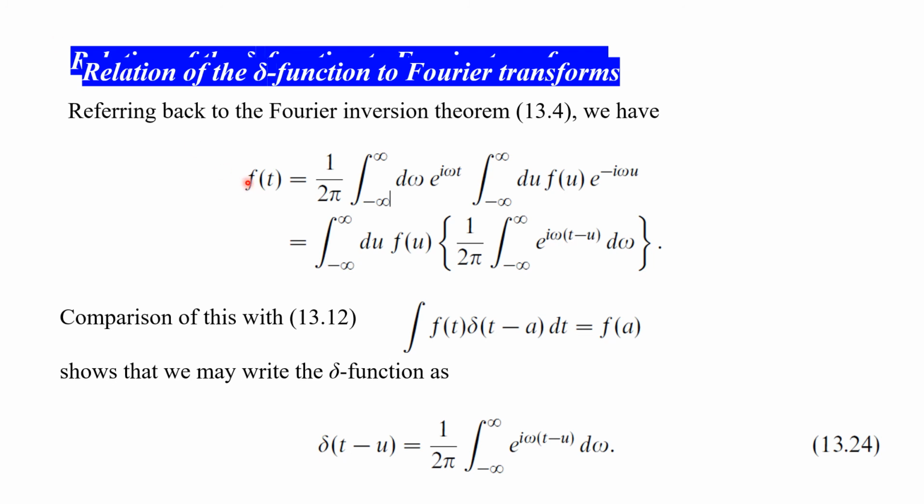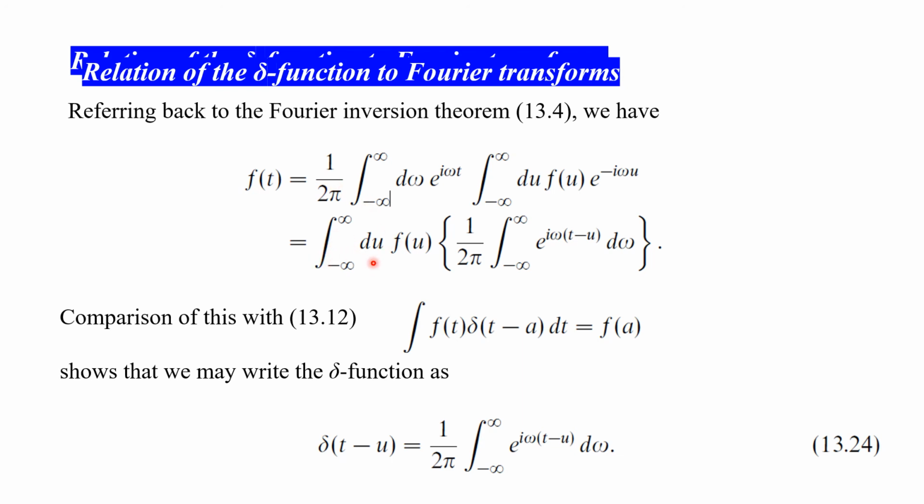Referring back to the Fourier inversion theorem in equation 13.4, which is this one here, we have f of t equal to 1 over 2 pi times the integral d omega e^{i omega t} times the integral du f of u e^{-i omega u}, wherein we can rearrange so that you have this kind of form here.